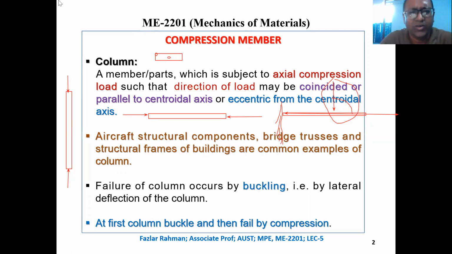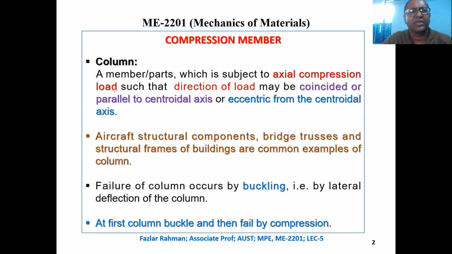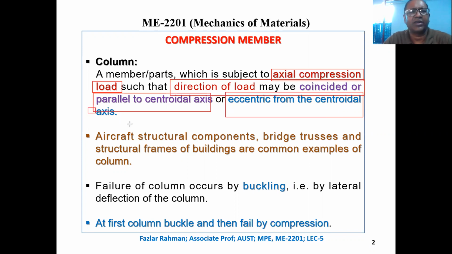Okay. So let's see what is the definition of the column. It's a member or parts which is subject to axial compressive load. This is one definition, that it always take axial compressive load such that direction of load may be coincided or parallel to the centroidal axis or eccentric from the centroidal axis.